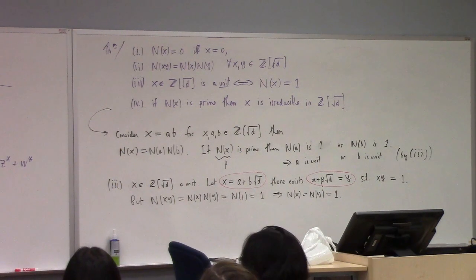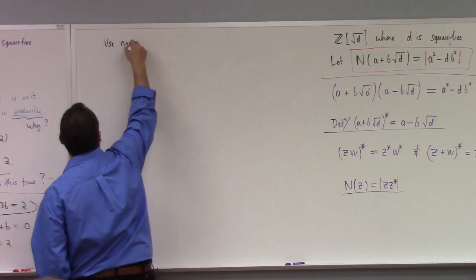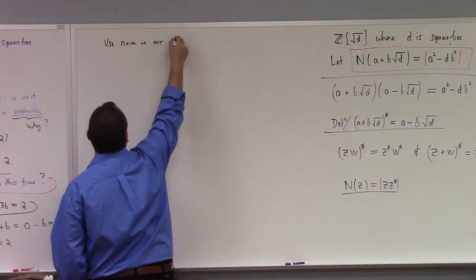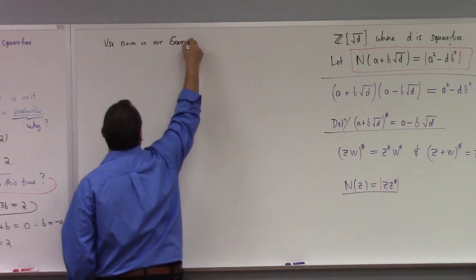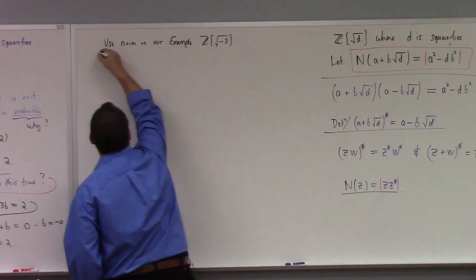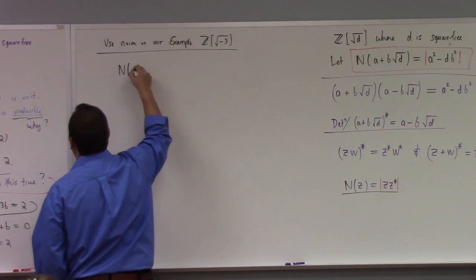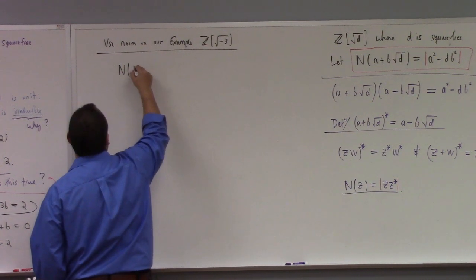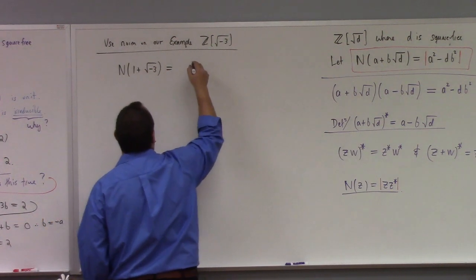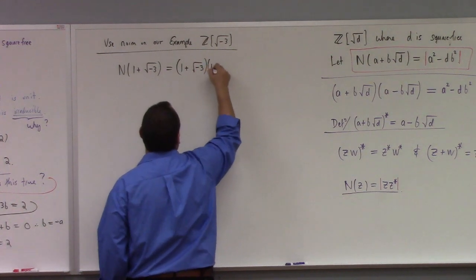So let's use the norm on our example of Z adjoin the square root of minus 3. So first of all, check out what's the norm of 1 plus the square root of minus 3. So we're supposed to do 1 plus the square root of minus 3 times 1 minus the square root of minus 3.